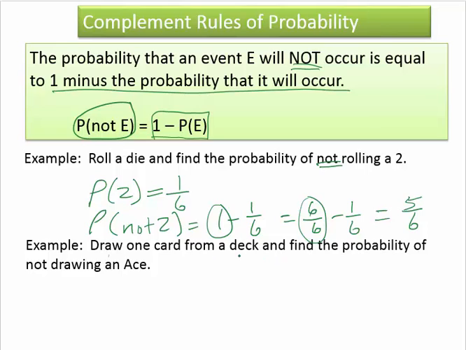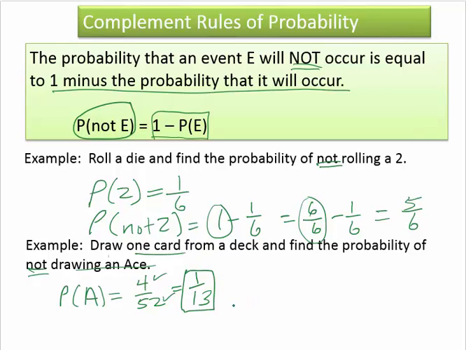Now let's do another one. Draw 1 card from a deck and find the probability of not drawing an ace. Well, let's first find the probability of drawing an ace. The probability of drawing an ace is 4 out of 52, which reduces to 1/13, because there's 4 aces out of 52 cards, right? And we divide both of those by 4 to get 1/13.